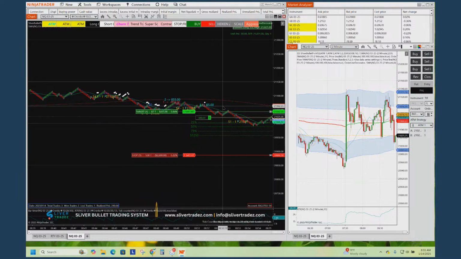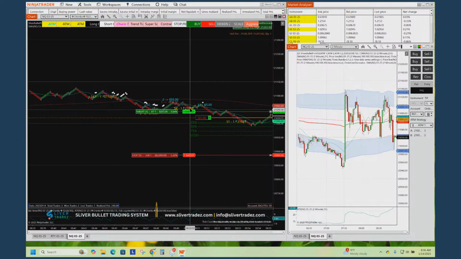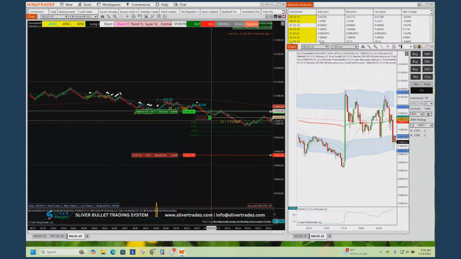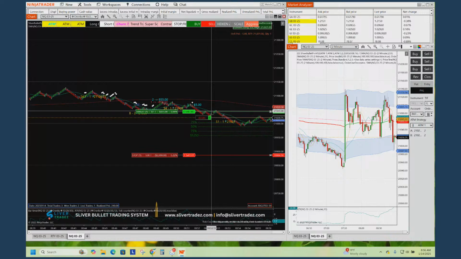Now I'm in a tricky situation whether to move the target to the higher level or... all right.